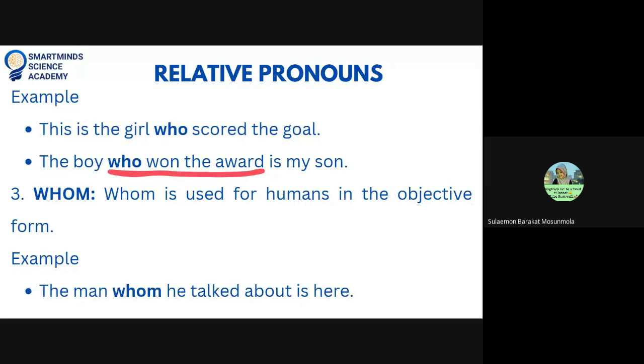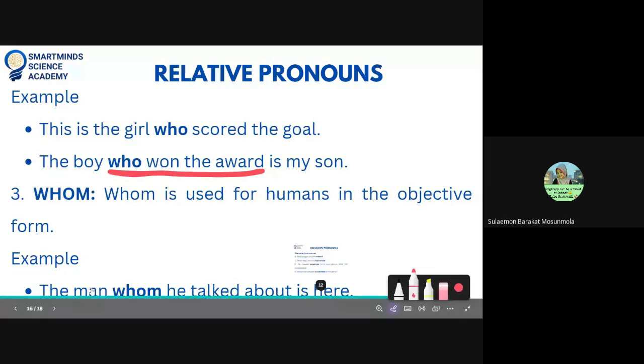Now, let's see. In this example, I have: the man whom he talked about is here. Don't be confused. The man is not the subject here because he is not performing any action. This he is the subject in this sentence.